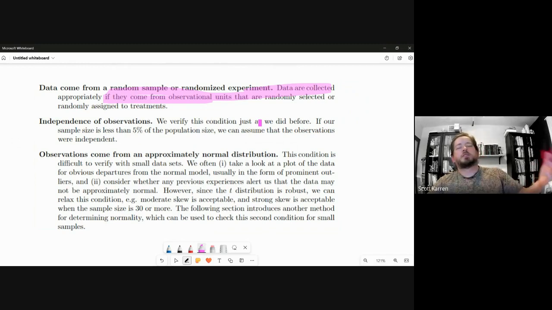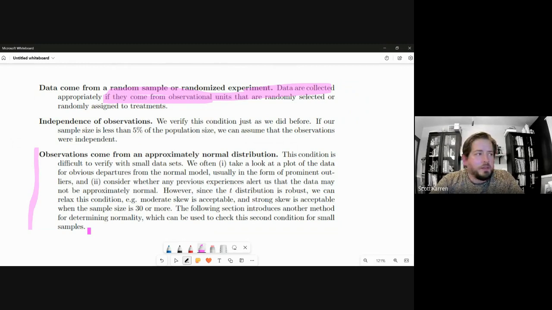But the independence of observations is very much the same thing as before, 5% or smaller sample size of the population, right? But it's this one here: it's difficult to verify, it says here, with small data sets. And so we look at a plot of the data for obvious departures from the normal model. So if there's some guy hanging out way out in left field, it may affect your possible use of the normal distribution.